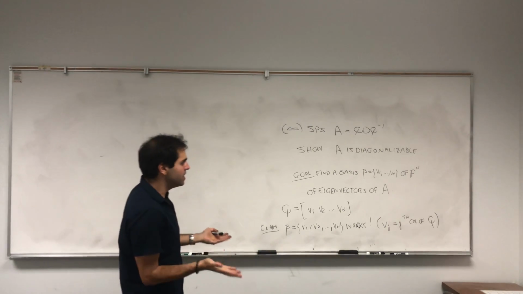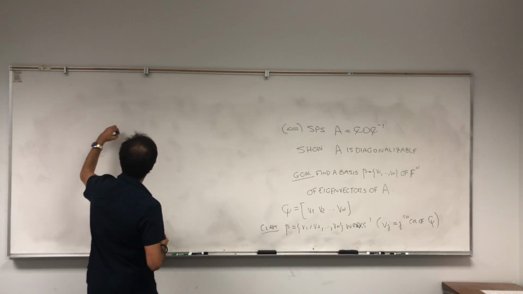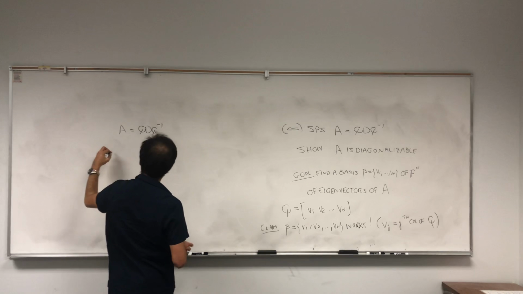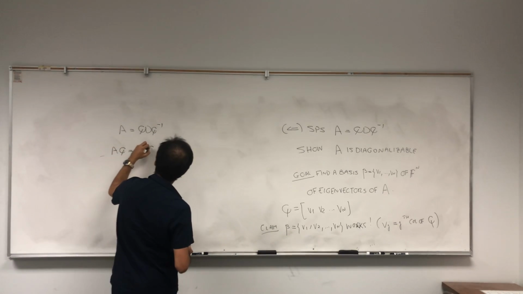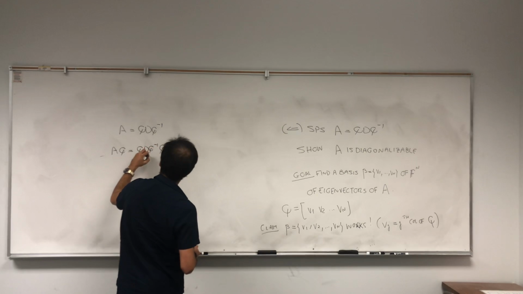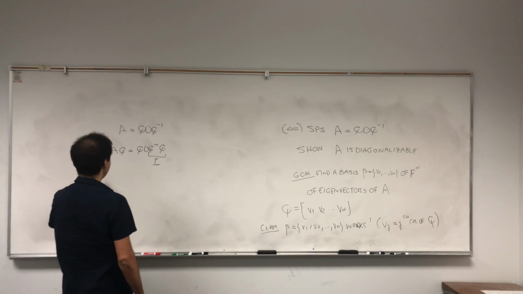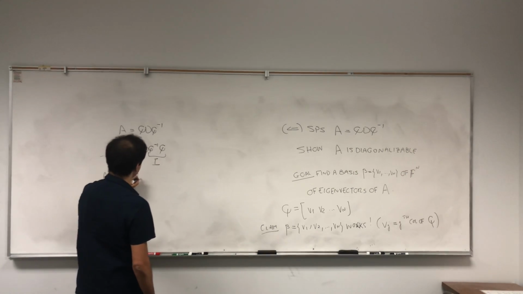And let's see what this decomposition has to do with eigenvectors. So if A is Q D Q inverse, well, let's multiply A by Q. So AQ is Q D Q inverse Q. And Q inverse Q is the identity, so AQ equals QD.